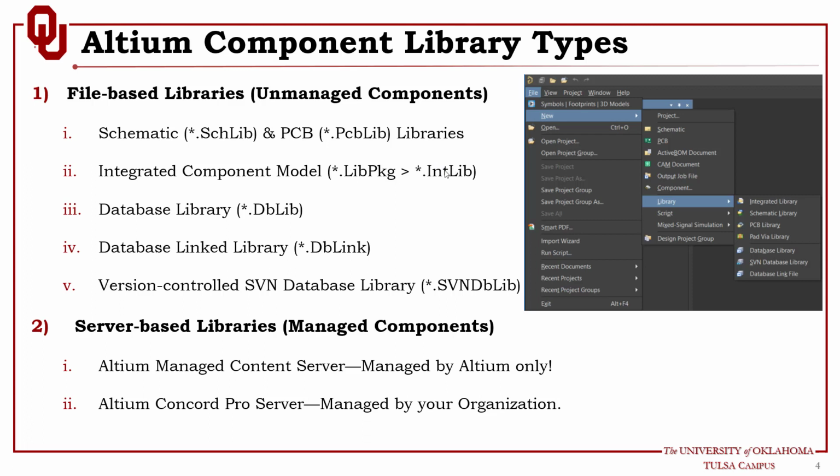When you start creating an integrated library, this is what you will see: a library package that holds a schematic library file and a PCB library file. Whenever you are done editing and compile this for electrical rule check and design rule check, it will be turned into an integrated library, which is only a single file that includes all these models.